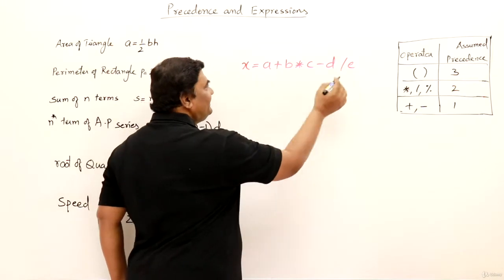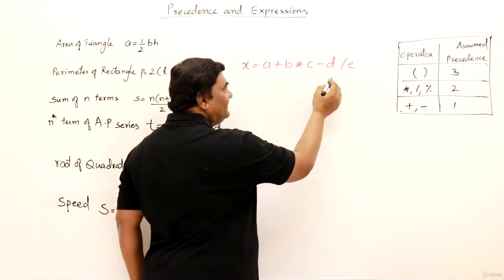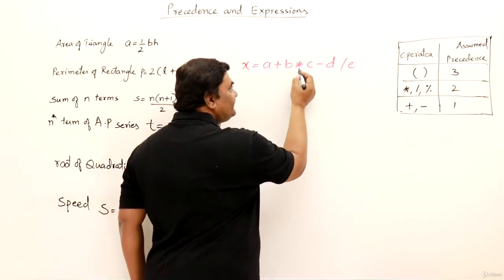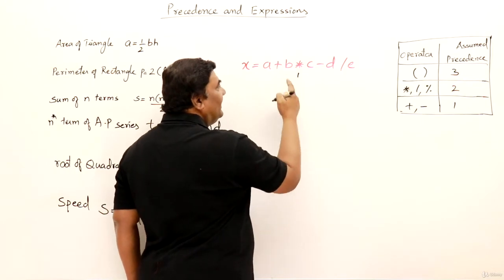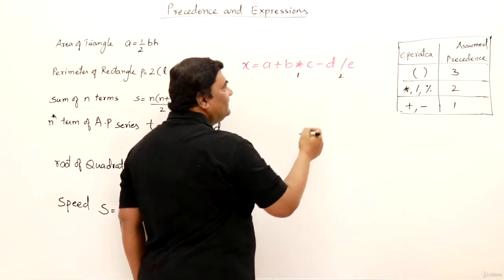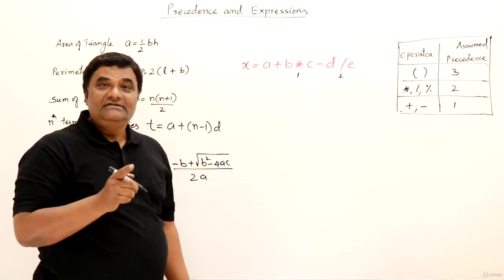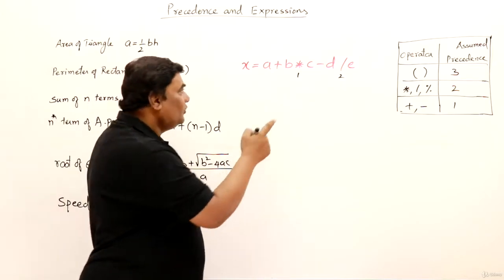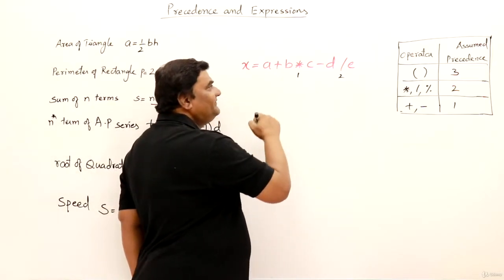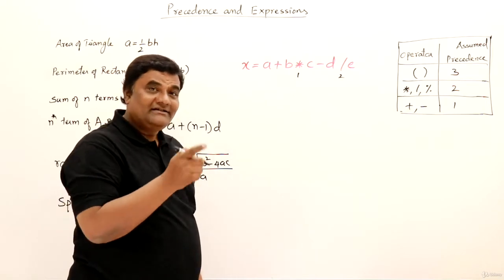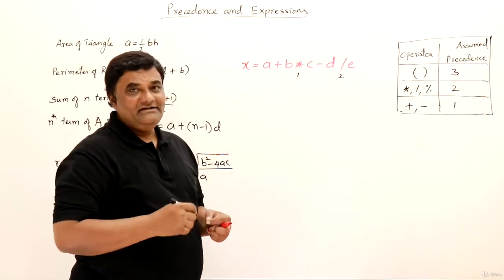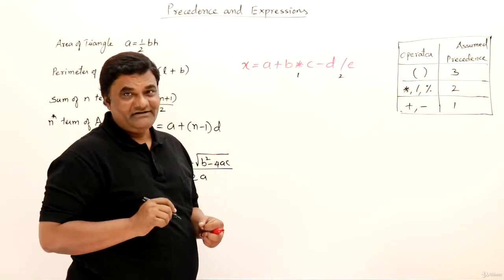It will take from the left-hand side, left to right. So the first one executed is multiplication and next is division. So first it will multiply, then it will divide. It means B and C will get multiplied, right? Then D divided by E. This is how they are executed.